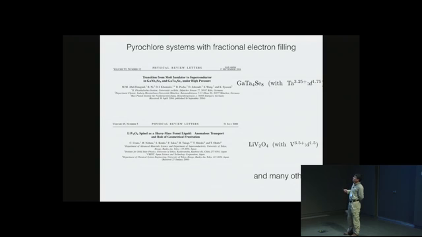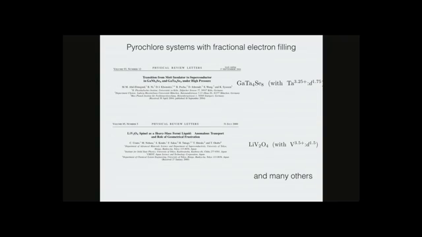For instance, this one has 1.75 electrons per site, so the total electron filling is fractional, about 1/8. This material shows a metal insulator transition under pressure, so it can be very interesting to do X-ray scattering in this material.